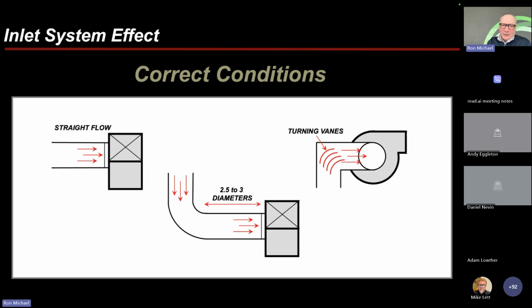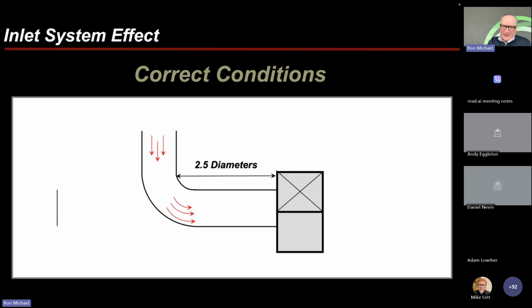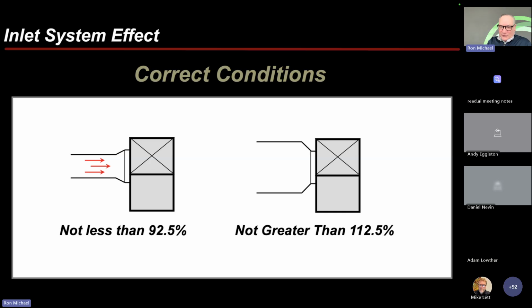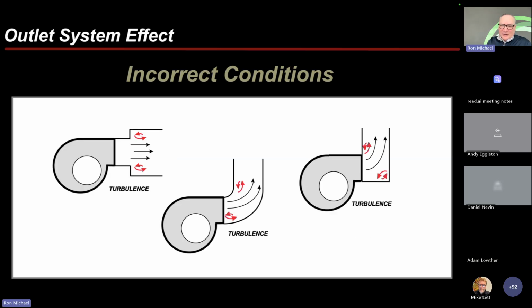That's why we've given you the little guideline for how many diameters in and diameters out. Okay. Again, so why do we say 2.5? Because it allows the airflow to straighten out. Okay. If you look at this, probably this middle example right here is the worst one of all.